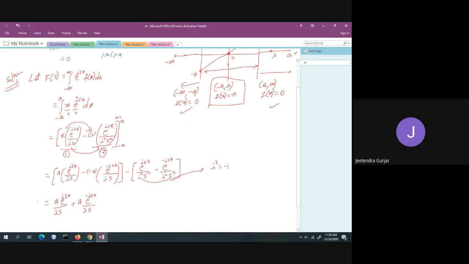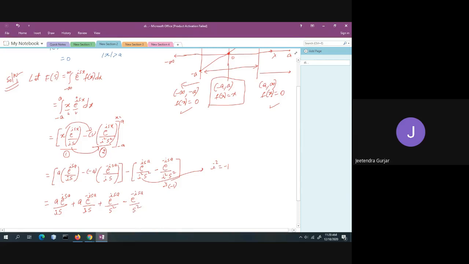So this will become plus e raised to i s a upon s square. Is it clear? Now here you can see this is minus 1, minus 1 into minus 1 is plus 1, plus into minus will become minus. So therefore I will take this as minus e raised to minus i s a divided by s square.